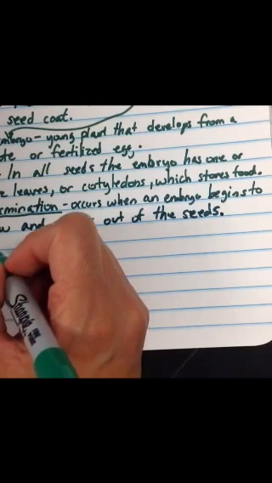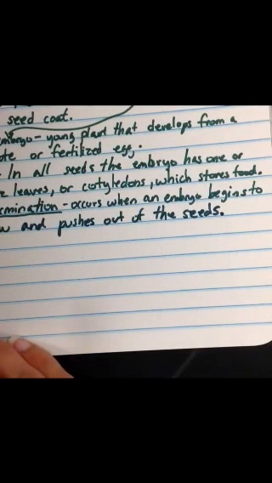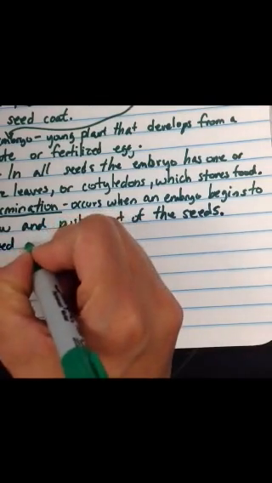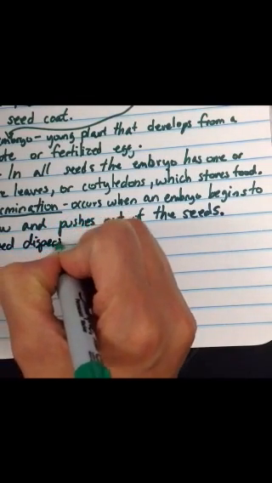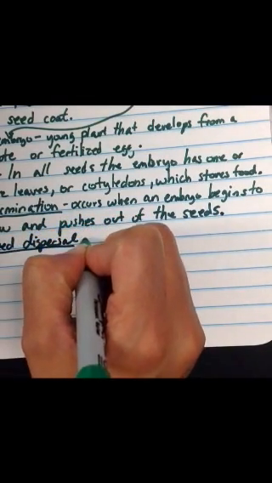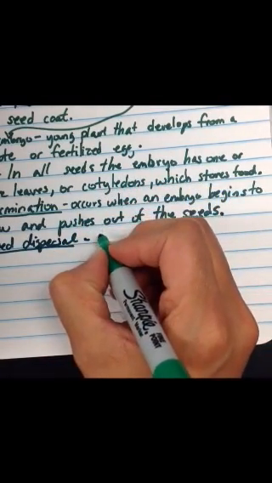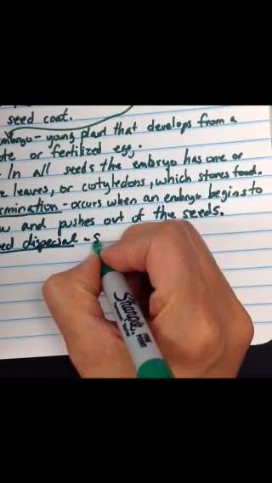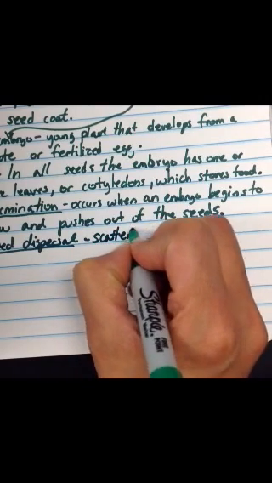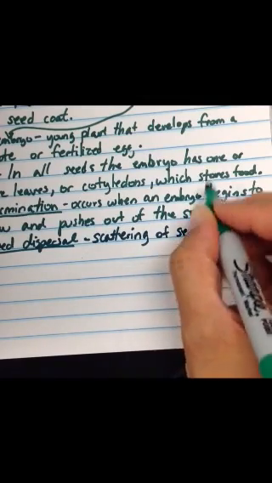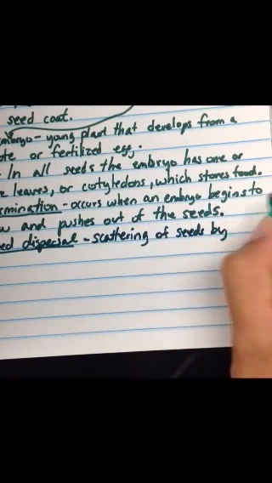So obviously humans have learned how to put seeds in certain places to grow them into plants, but how do seeds normally get around in nature? That process is called seed dispersal. To disperse means to move around, and this happens in many different forms. First, the scattering of seeds by organisms.